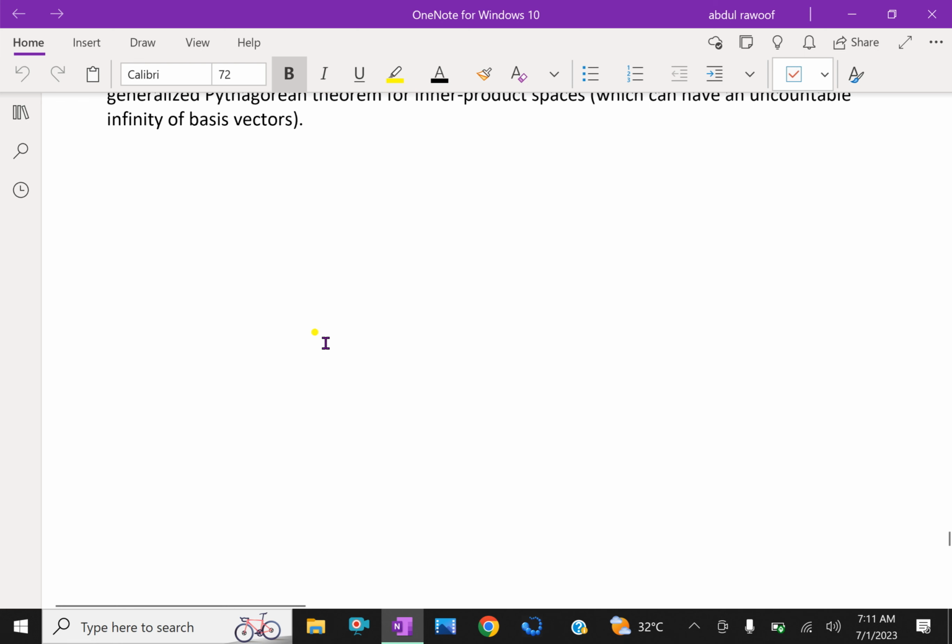Assuming that the Fourier series corresponding to f of x converges uniformly to f of x in limits minus L to L, then we can prove the Parseval's identity.